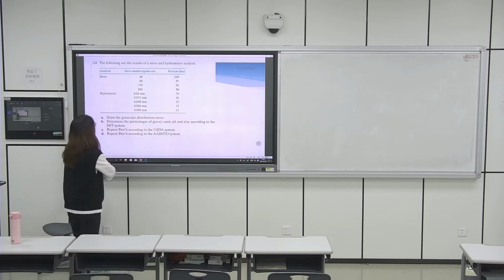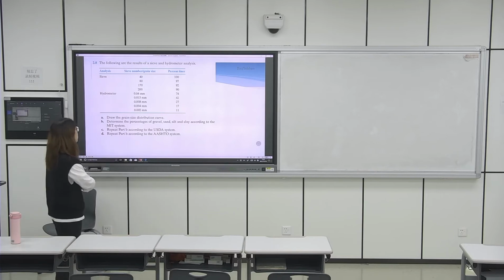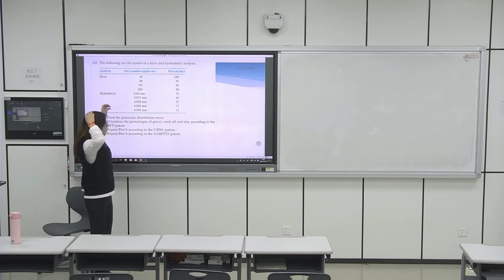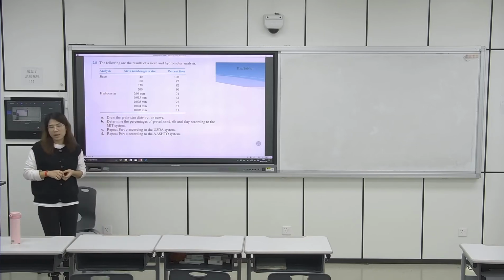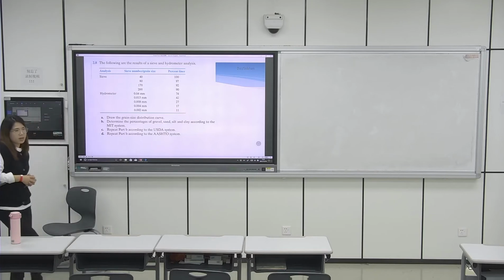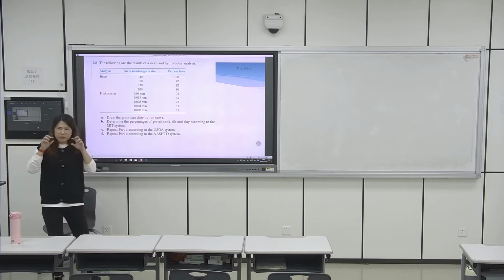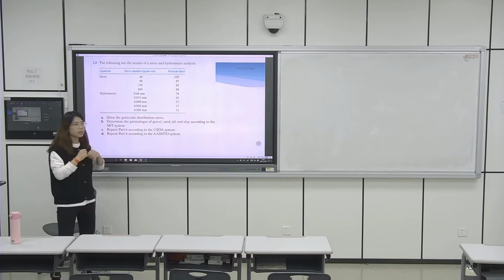The question here gives us the following as the results of a sieve and hydrometer analysis. These two analyses are two methods that help us obtain the particle size distribution curve. We have the sieve, but because the sieve can't do very fine particles, we have the hydrometer, right?